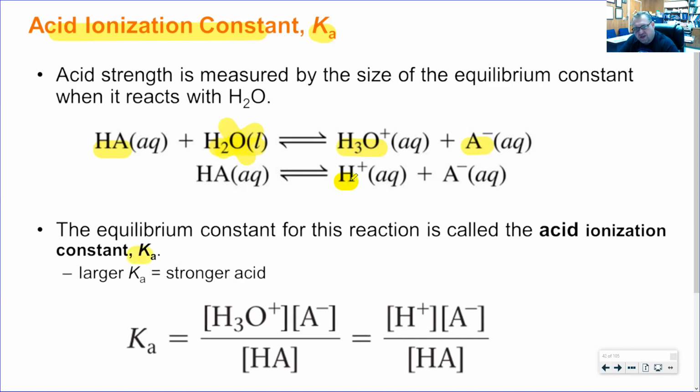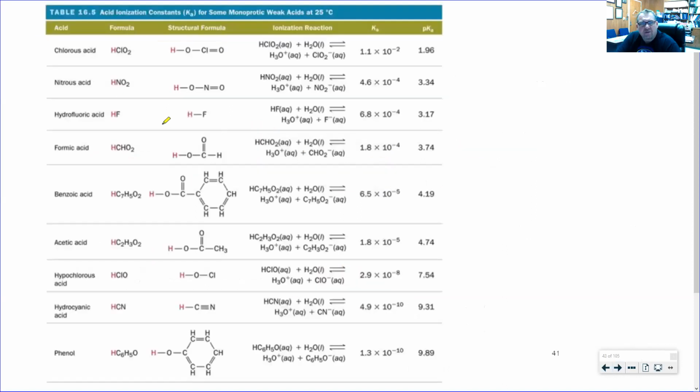The products are the hydronium, or H plus, and the conjugate base, A minus, divided by the concentration of the reactant, the weak acid HA. That's equal to the Ka. And again, sometimes we substitute in just H plus instead of the hydronium ion for the concentration in these systems.